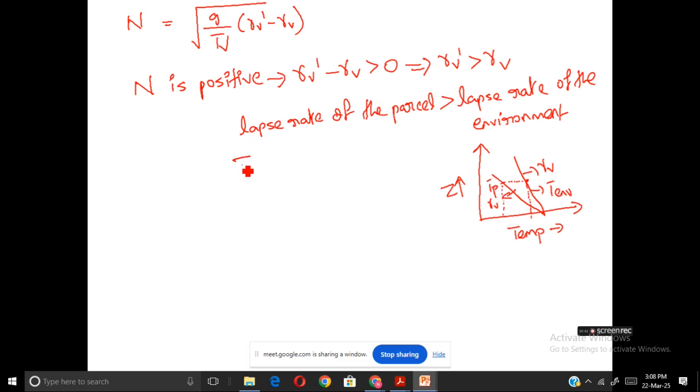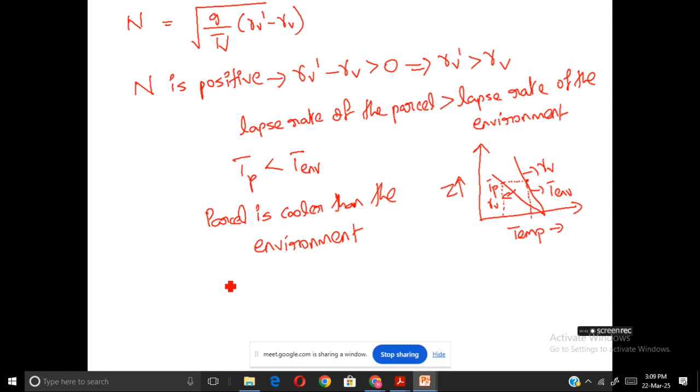The temperature of the parcel is less than the temperature of the environment. Since the parcel is cooler than the environment, it means it will sink. Cooler in the sense it will be denser, so it will sink.